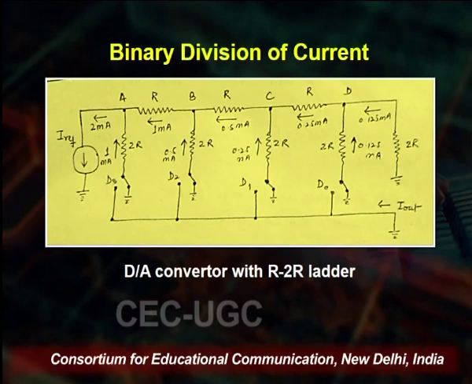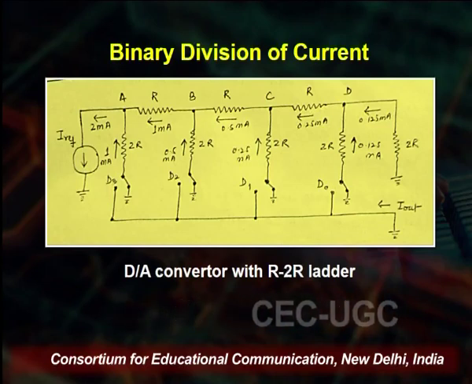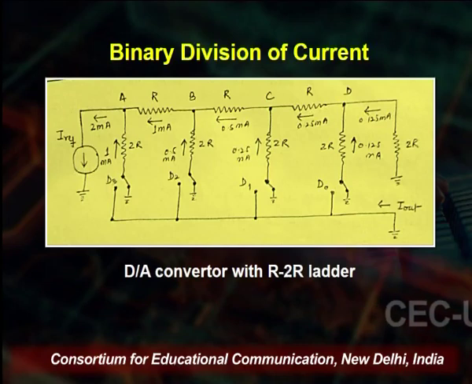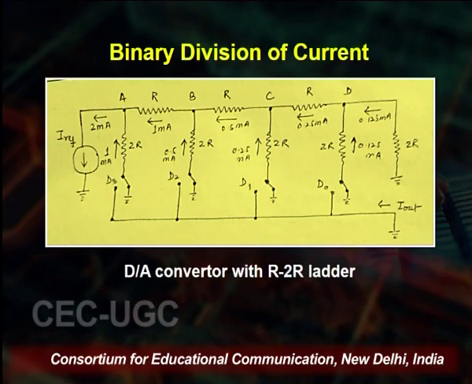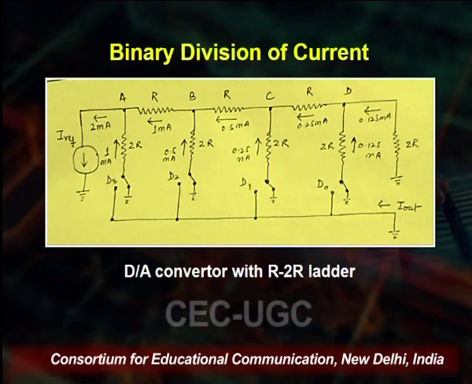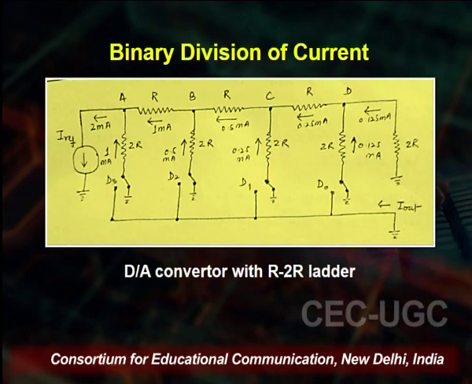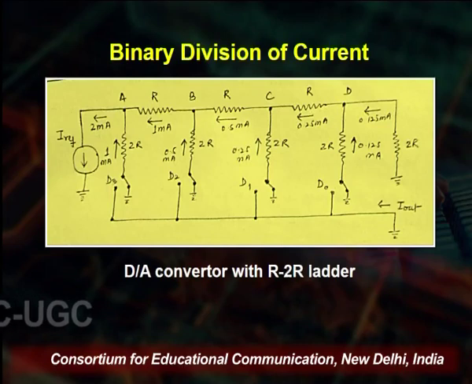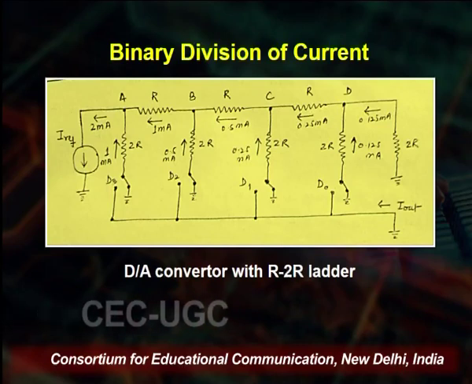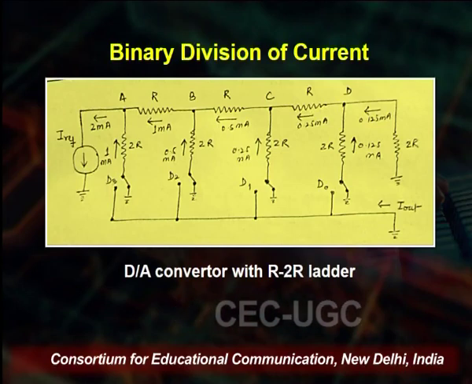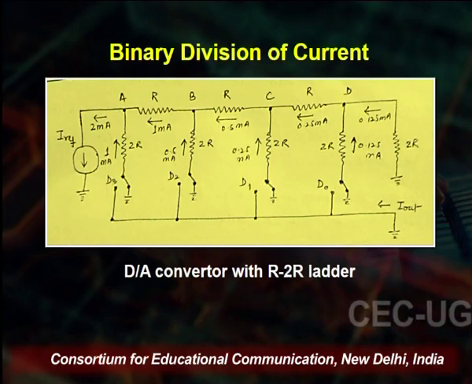Now, looking at the circuit, we see that again there are 4 switches, and the switch on the left of your screen would be the MSB, and the switch on the right of your screen would be the LSB. That is because the MSB will have the maximum current and the LSB will have the minimum current.